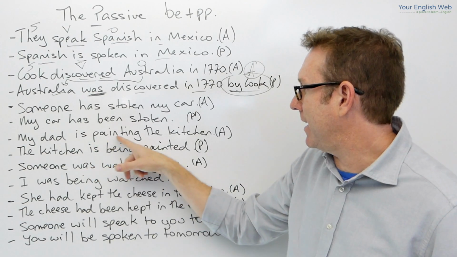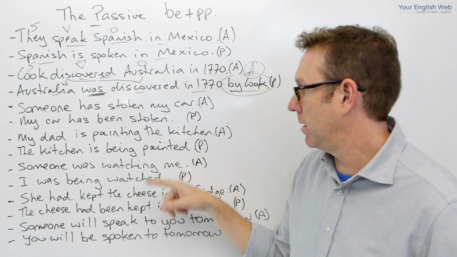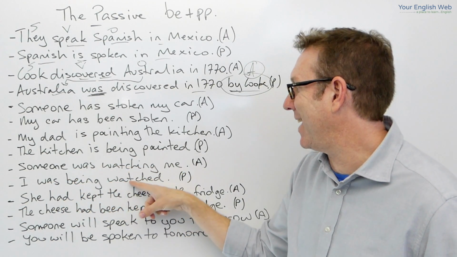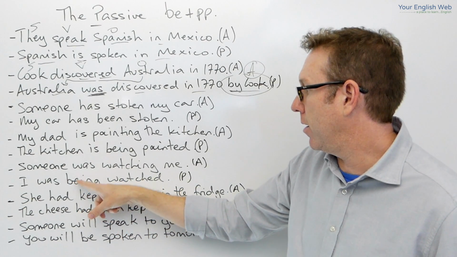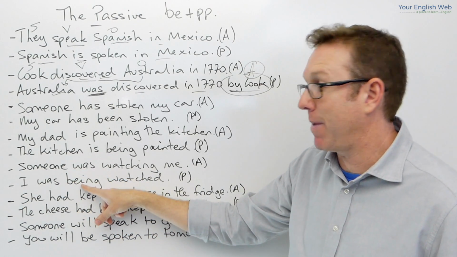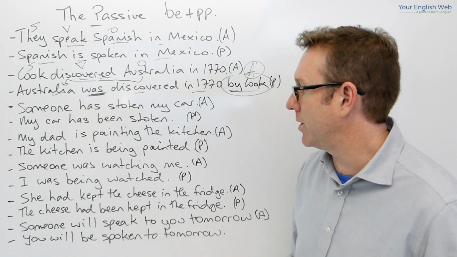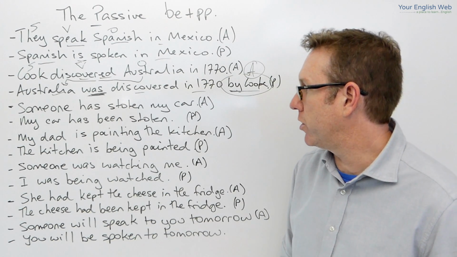So my dad is painting, the kitchen is being painted, someone was watching me, I was being watched. So watching, watched, was stays the same, and be obviously in the continuous form. So here's your continuous here. Okay, so I was being watched.